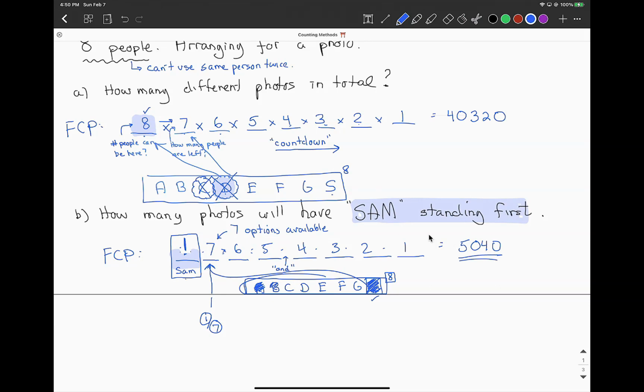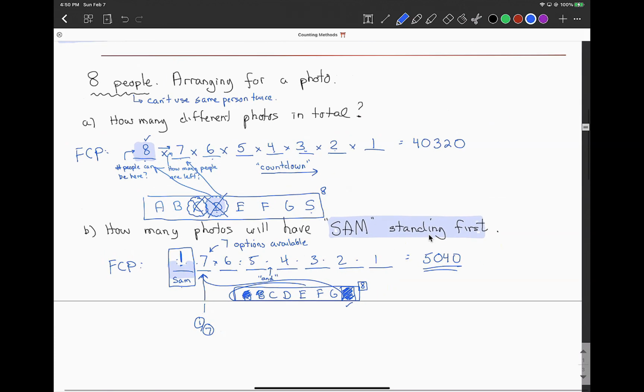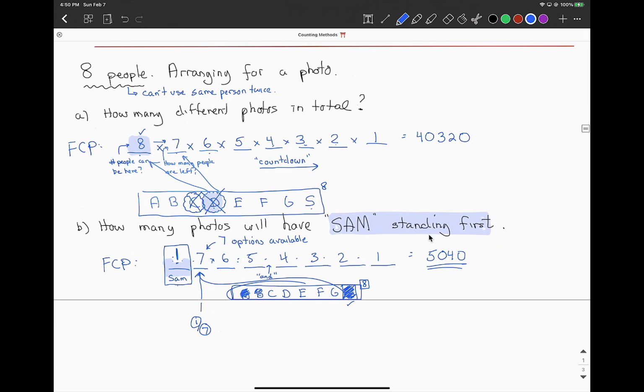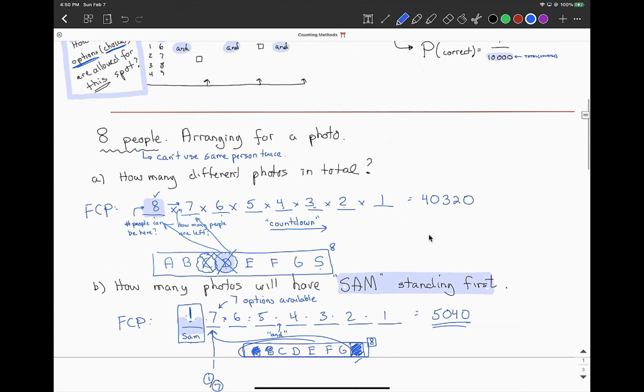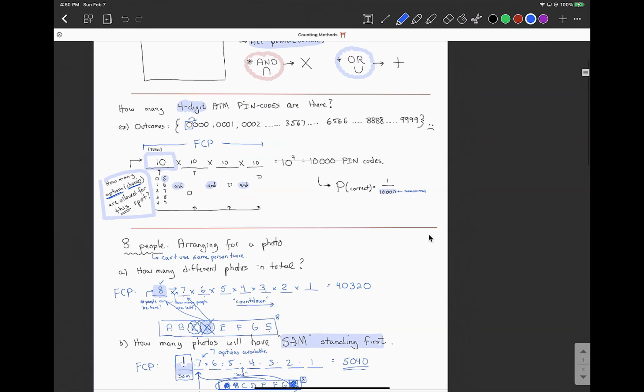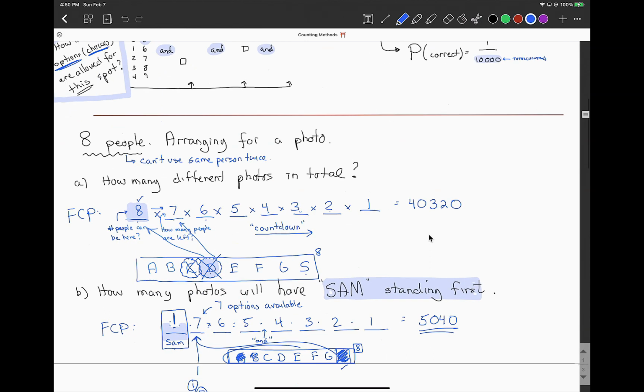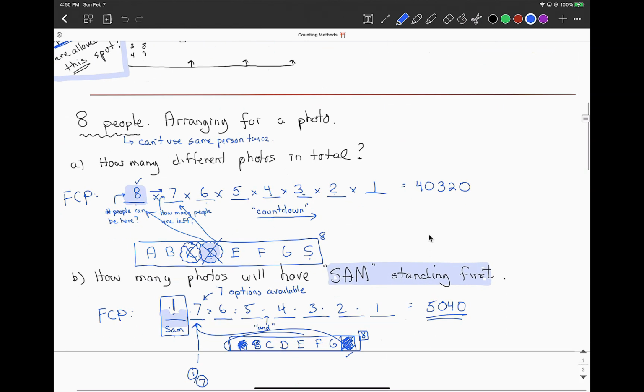And there would be 5,040 different photos possible where Sam was specifically chosen to stand first. And this is a really, really handy strategy. And we're going to have a ton of practice with it. And I hope this has helped.